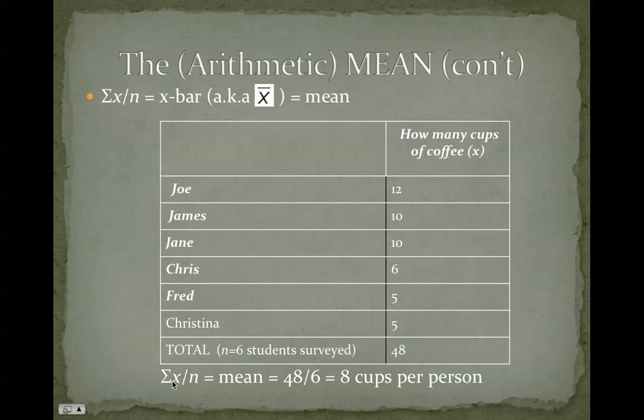So sum of x divided by n equals the mean, equals 48 divided by 6, equals 8 cups per person, and I could even say, in addition to all that, equals x bar. So again, this is all stuff you've likely done in the past with basic arithmetic, but now we've assigned special letters representing each step so that we can have a reference value for future statistics we do.